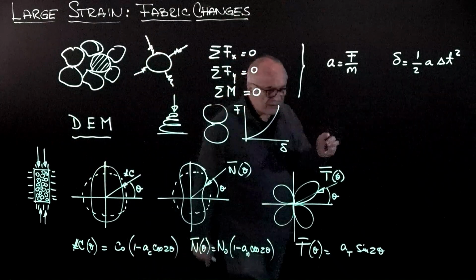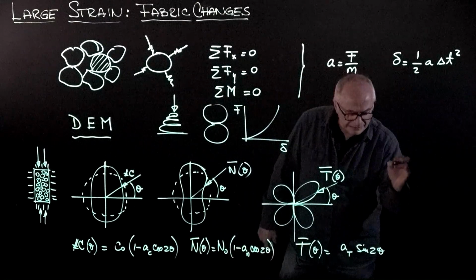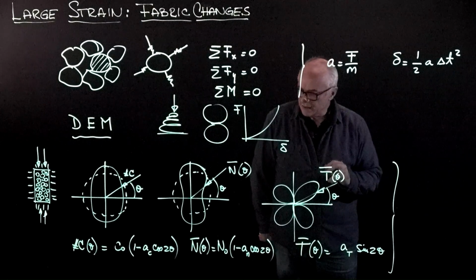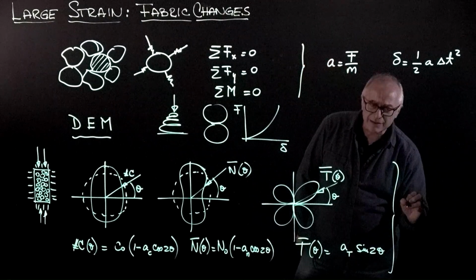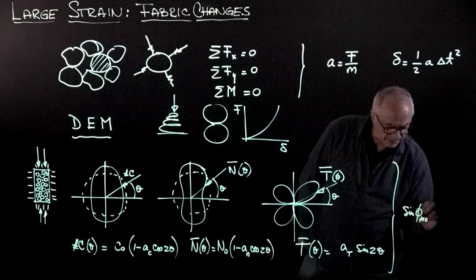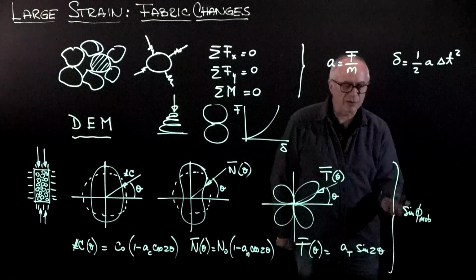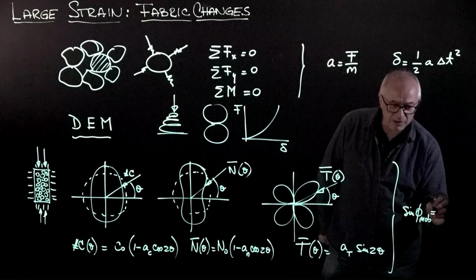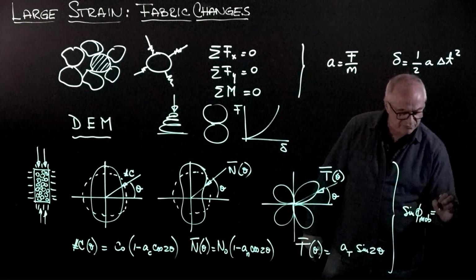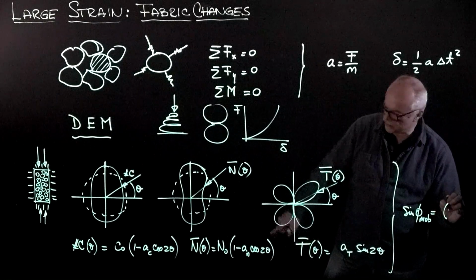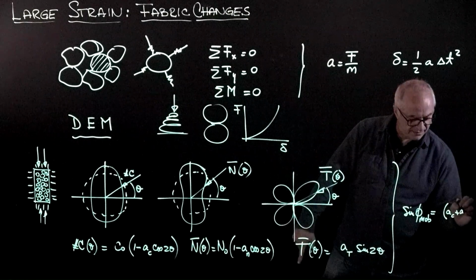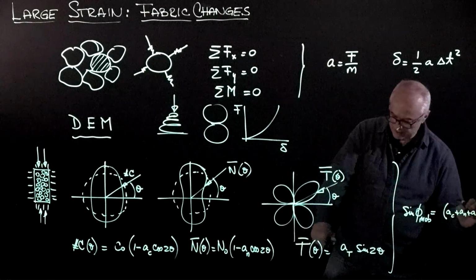In fact, in a beautiful conclusion by Leo Rothenburg and co-workers, he proved that the sine of the mobilized friction angle, which is how far we are approaching failure, is equal to the sum of these anisotropies times some coefficient, which will be AC plus AN plus AT.